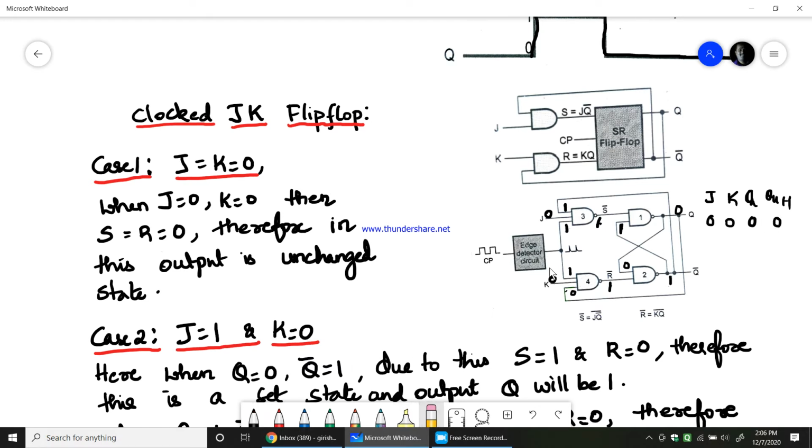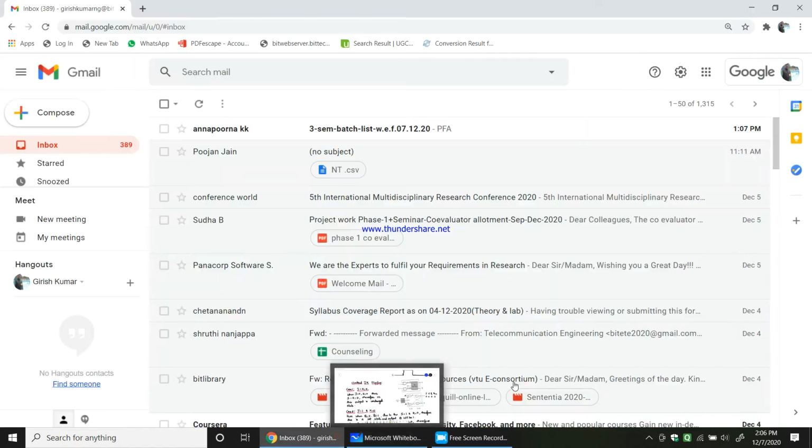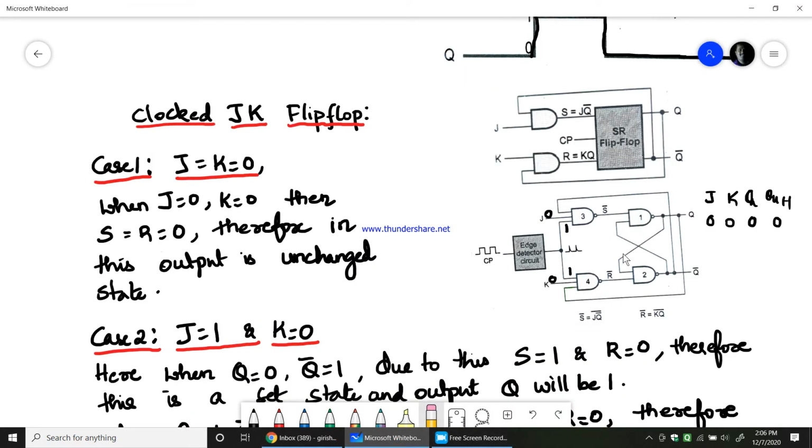Similarly now, with the same JK 0, 0, the clock pulse is given. Once the clock pulse is given, I should assume Q to be equal to 0.